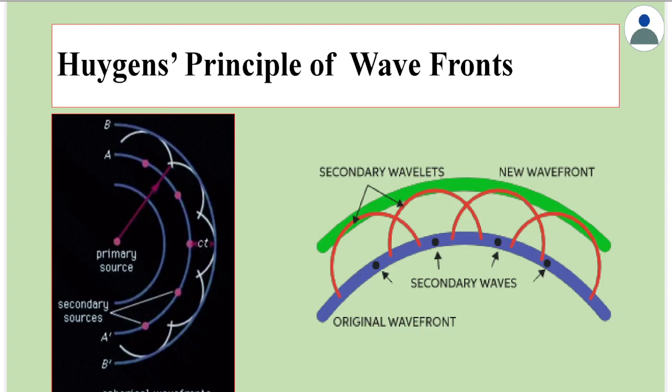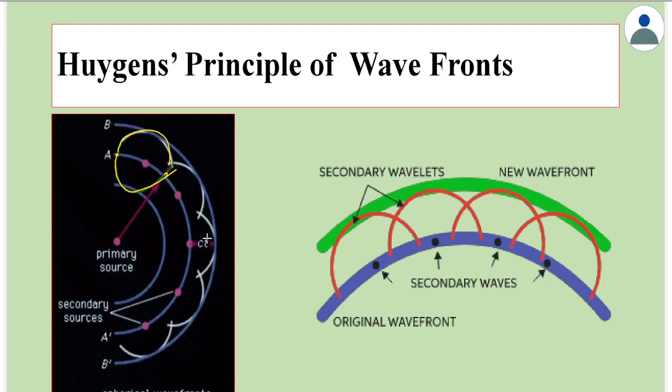One important point to observe here is, as discussed earlier, this point will produce a secondary wavelet. This part from here to here is called the forward secondary wavefront, and this is called the backward secondary wavefront. But we know by experience that light moves only in one direction, the energy doesn't come back to us.